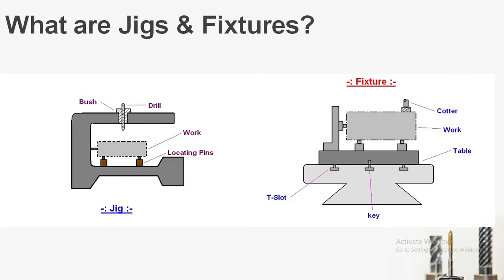Now what is a fixture? A fixture is nothing but, as I said earlier, a holding device which holds or clamps the workpiece at a certain location, so that the degrees of freedom are restricted and thus the accurate location of the workpiece is assured.